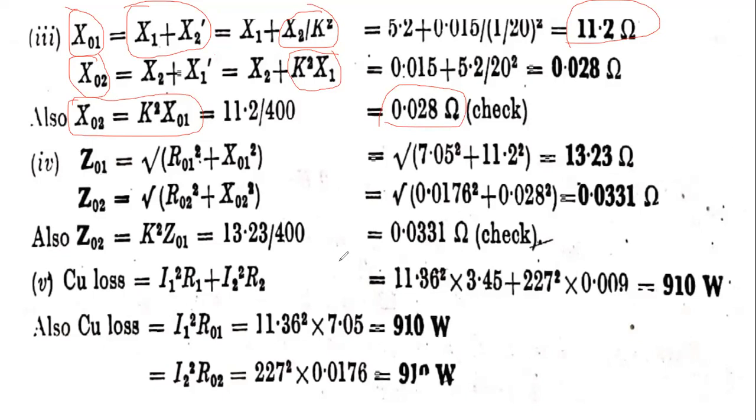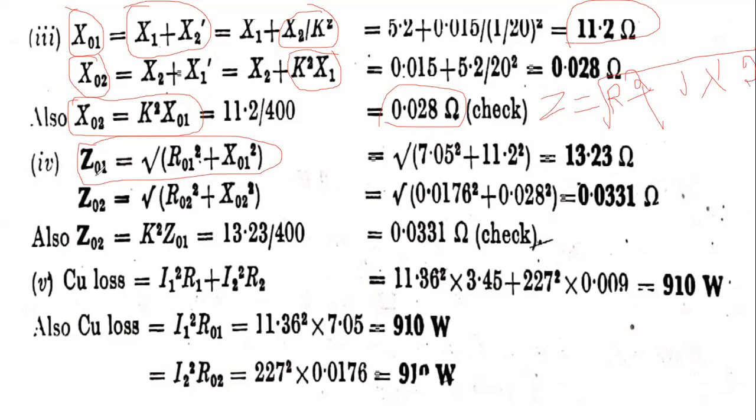Next, we calculate the equivalent impedances referred to primary and secondary. That is the fourth bit. Referred to primary means Z01. Normally we have the formula Z is equal to R plus JX, which can be written as Z is equal to square root of R square plus X square.